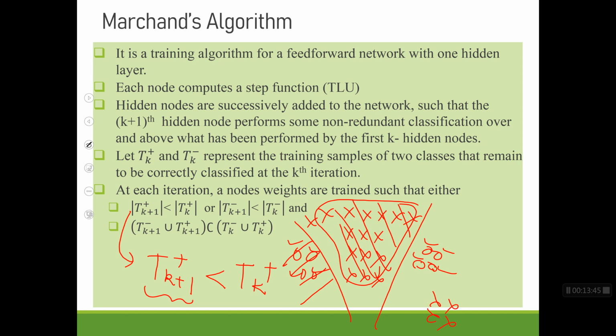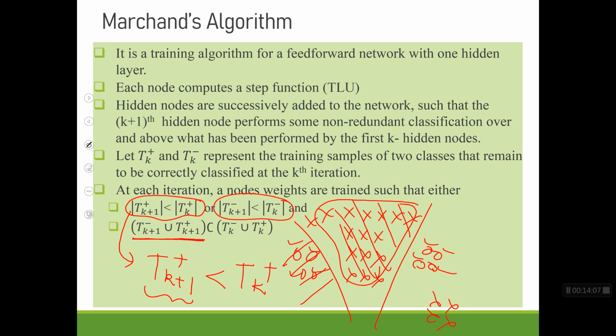So at every step, when I say plus, I mean patterns from one class. When I say minus, they are the patterns from the other class. So either one of the sets will get reduced at every step, and this is whatever patterns are left from both the classes.